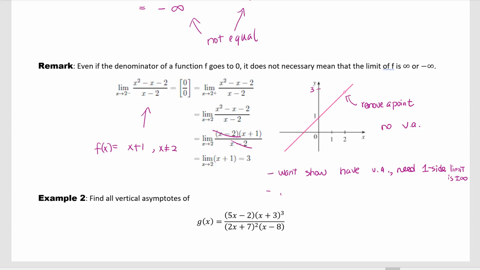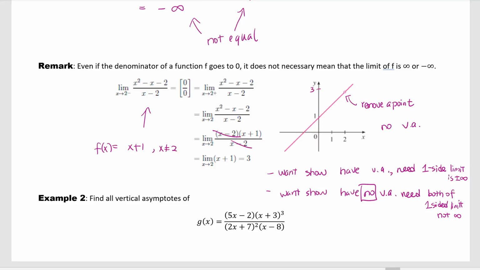But if you want to show we have no vertical asymptote, we actually need to show both sides. So the two-sided limits, or we can say both of the one-sided limits are not infinity.